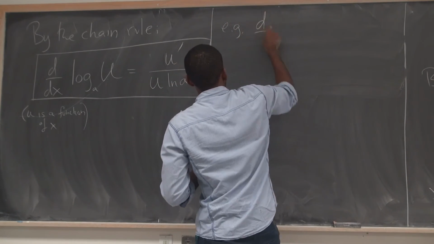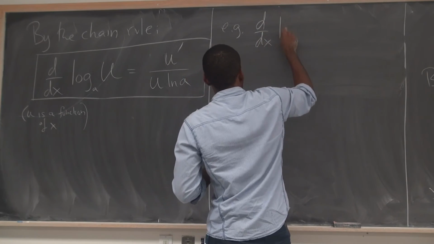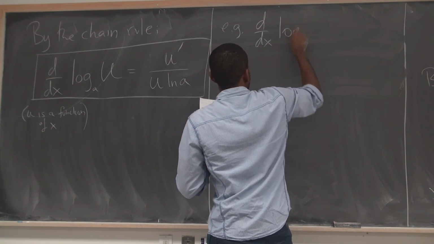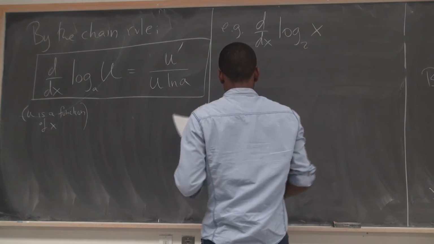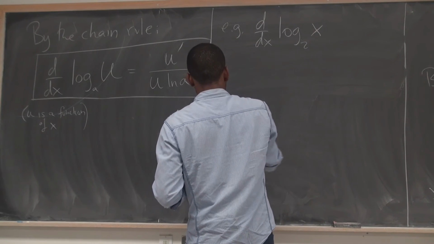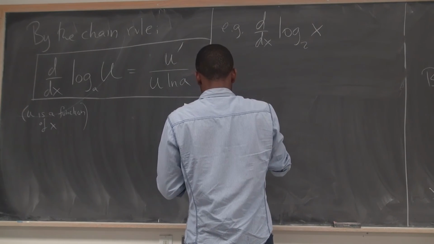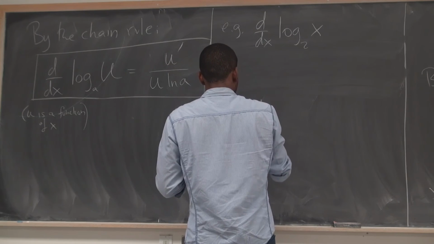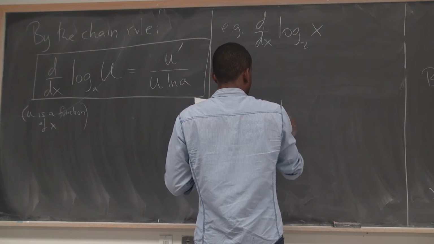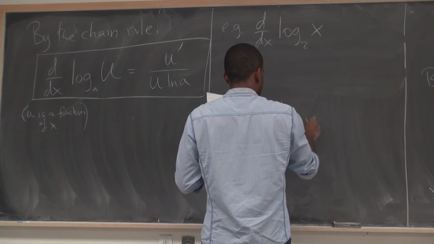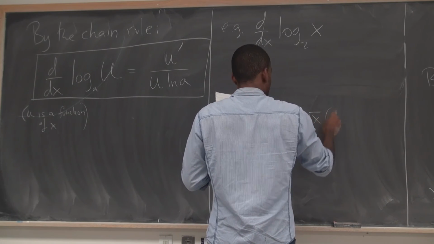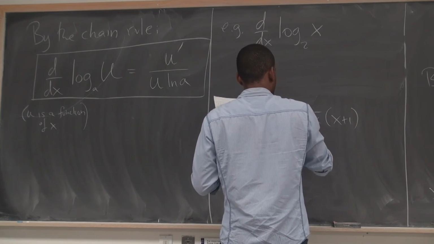Let's do a couple examples. Example. Find the derivative of log to the base 2 of x. Example. Find the derivative of log to the base 5 of radical x times x plus 1.